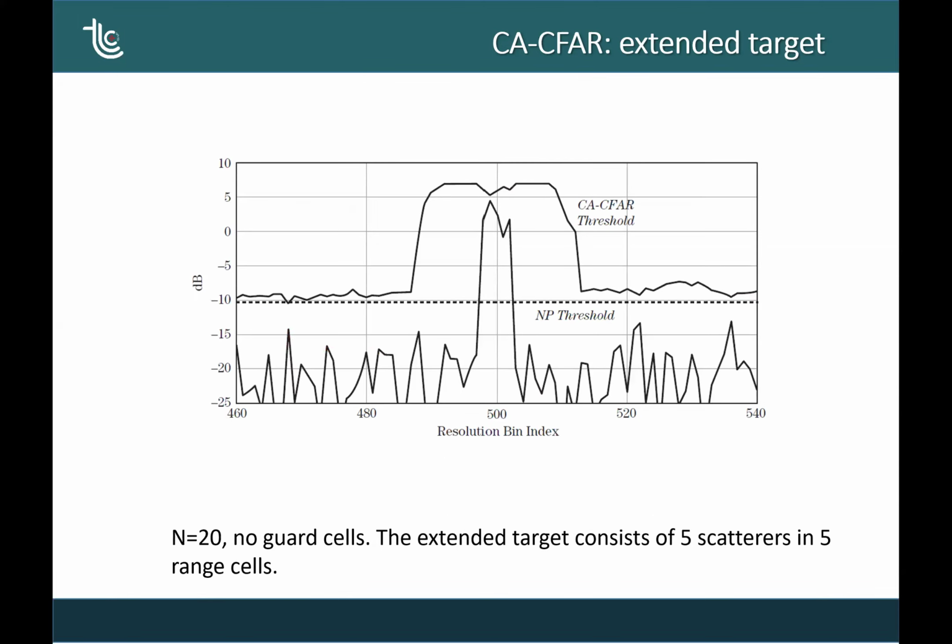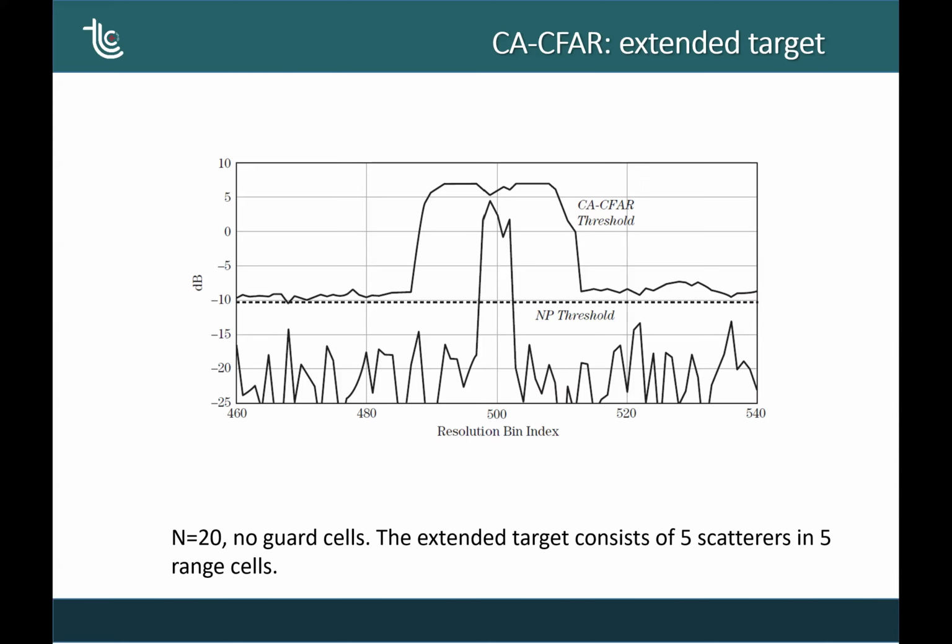Let's see what happens. Here you see again N equal to 20, so we use 20 range cells to estimate the power. You see again the Neyman-Pearson threshold that is fixed. And you see the CA-CFAR threshold that is the solid line, okay?